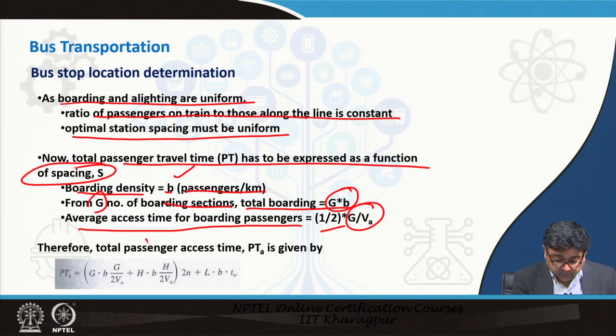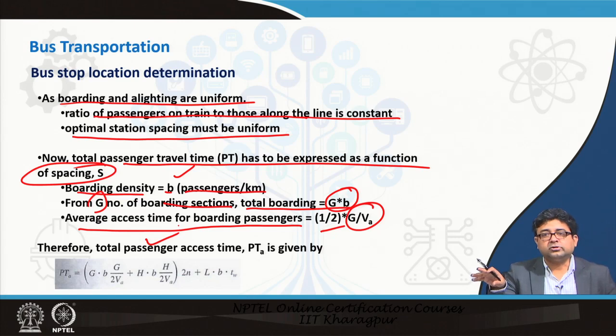So, now the total passenger access time. Passenger access time for all the passengers who want to board or alight, right. Access also includes your egress time essentially. So, it also includes the time that it will take you to reach your destination from the station where you disembark from the metro line or bus line.